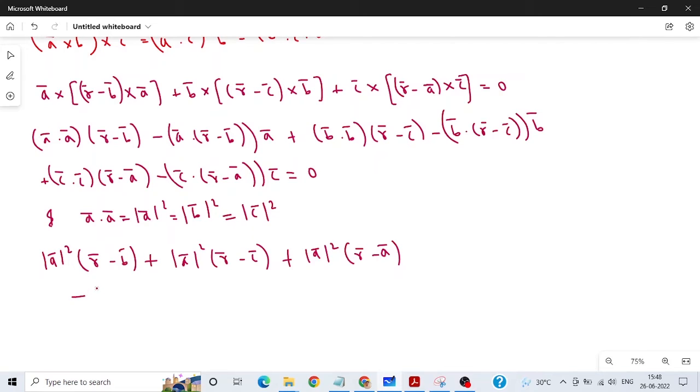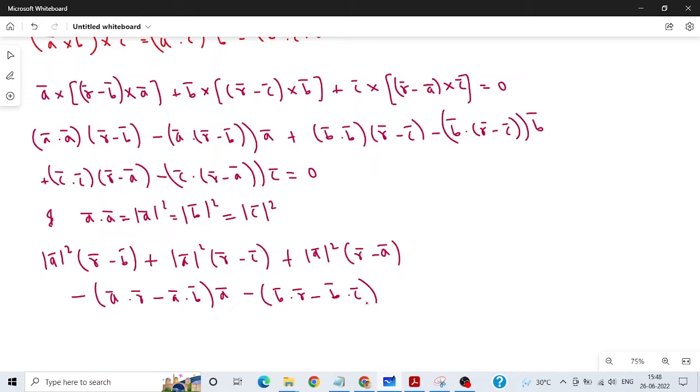Then we have minus times bracket a bar dot r bar minus a bar dot b bar, but we know that a bar dot b bar is 0, so we are just left with a bar dot r bar. Then we have minus b bar dot r bar minus b bar dot c bar.